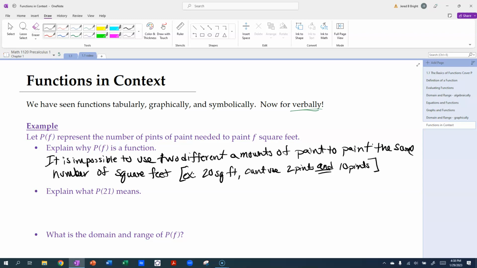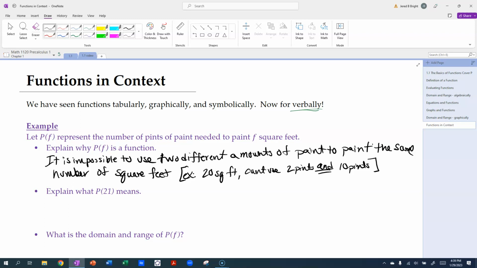Maybe in reality you could, but this assumes one coat. You wouldn't use 10 pints with one coat of paint for 20 square feet. There may be corner cases with all this, but don't think too deep. Just go surface level, and you'll be fine.